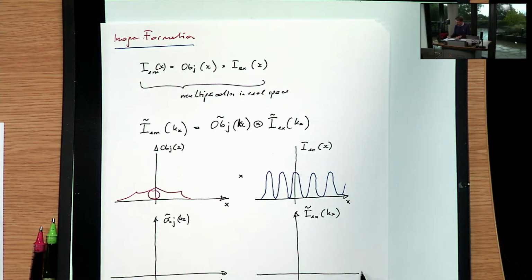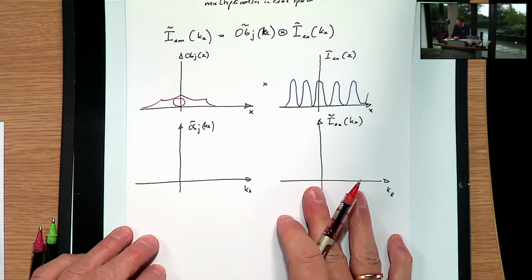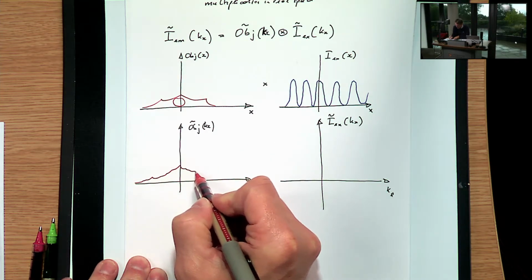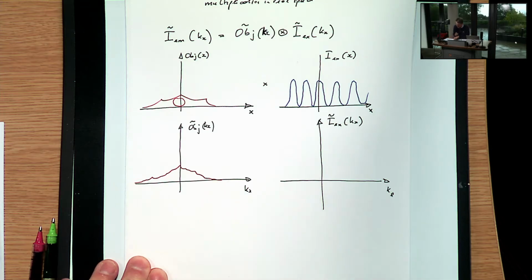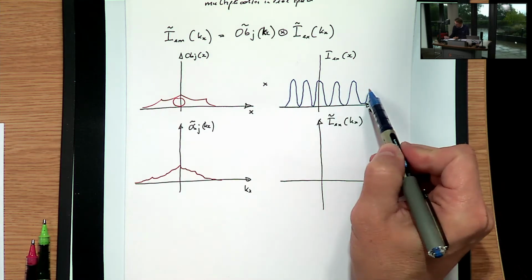So let's suppose the spectrum for this cell here. This cell has a frequency spectrum that may be something like that. It doesn't really matter. Let's make it like this. And of course, what is the Fourier transform of this function?